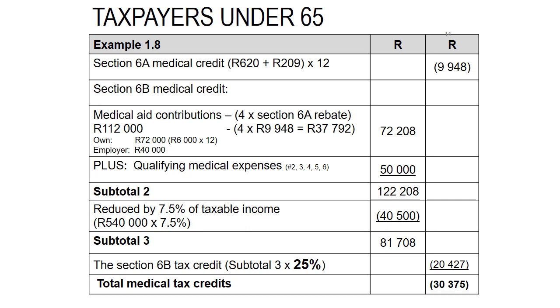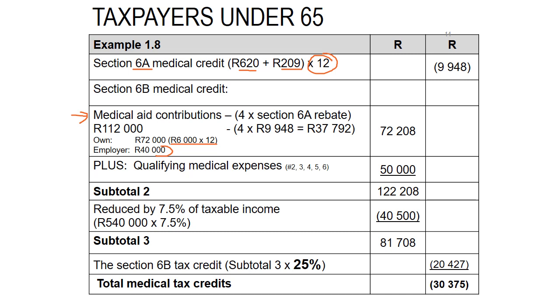So we start off by saying, what is the 6A medical credit? Because we are dealing with a taxpayer and 2 dependents, we'll work with 620 plus 209 multiplied by 12. To get to my Section 6B medical tax credit, I start off with my medical aid contributions, Joe's own contributions, so 6,000 multiplied by 12, as well as the fringe benefit that he was taxed on, the contributions made by his employer, 40,000.